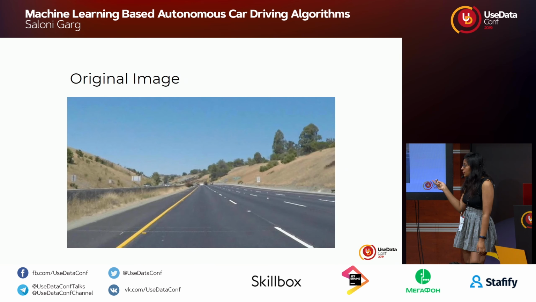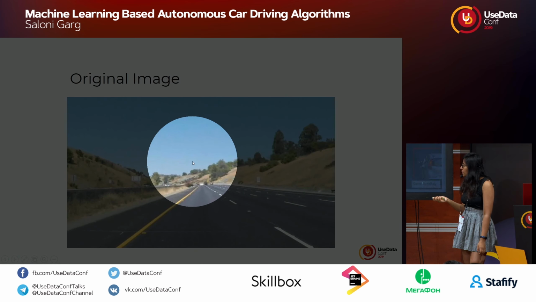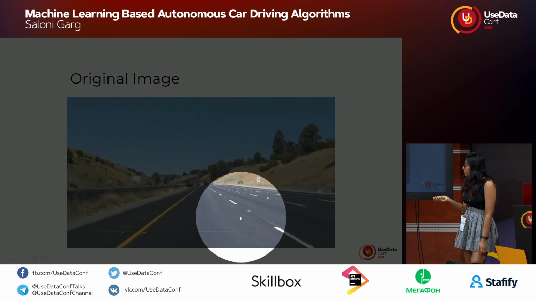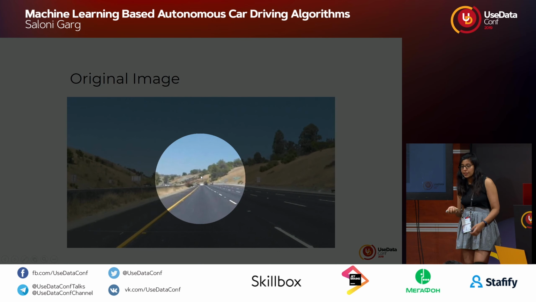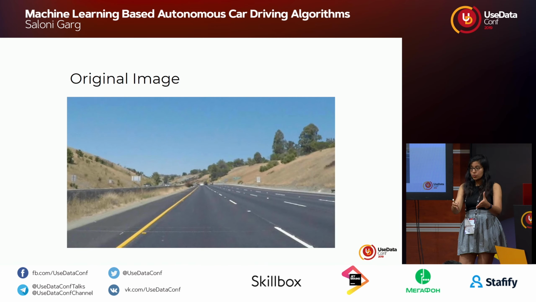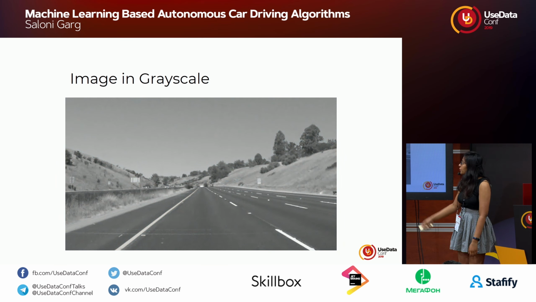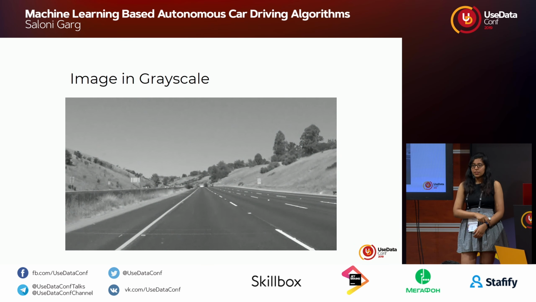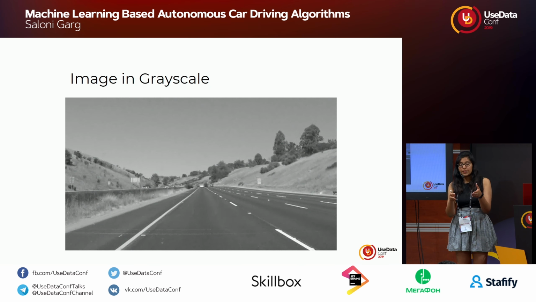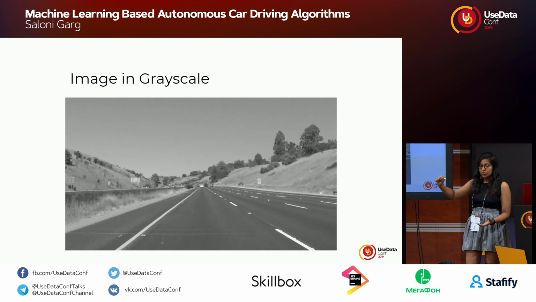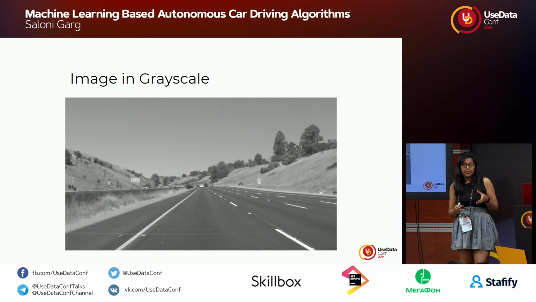This is the original image, and what we want to do is basically detect these lanes. More specifically, we want to detect the lanes that our vehicle is driving in. So we first grayscale the image. Why do we grayscale the image? Because it's generally taken into account that if there's a black road or a very dark road, the lanes would be yellow colored or very bright colored. So we are trying to figure it out using the color difference between the color of the lane and the color of the road.